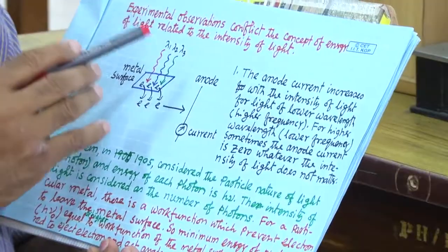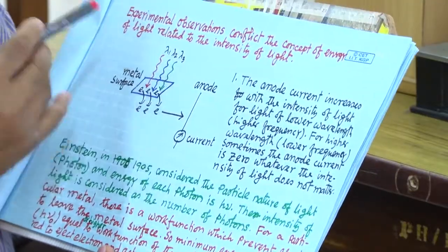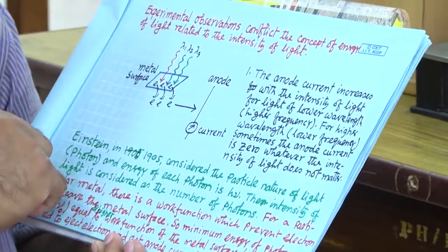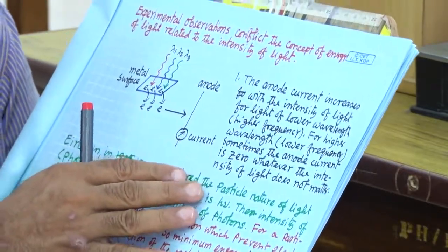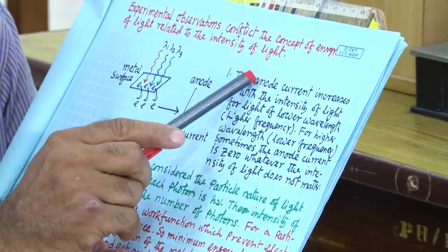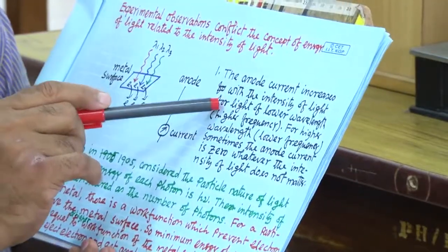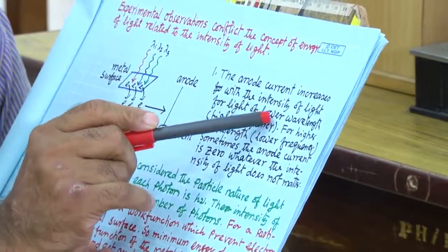That was the result people were expecting, but the result is different. What was the result? The anode current increases with the intensity of light for light of lower wavelength.